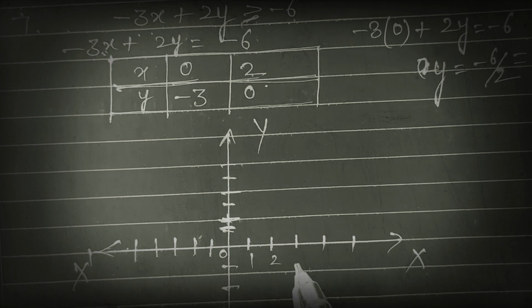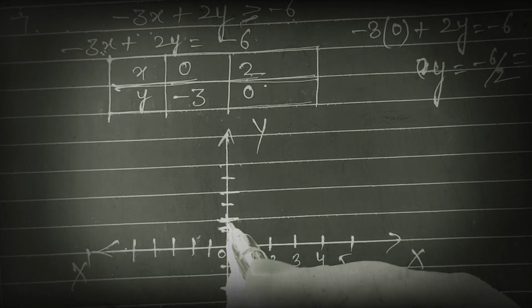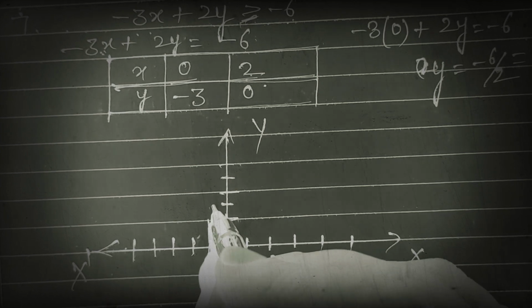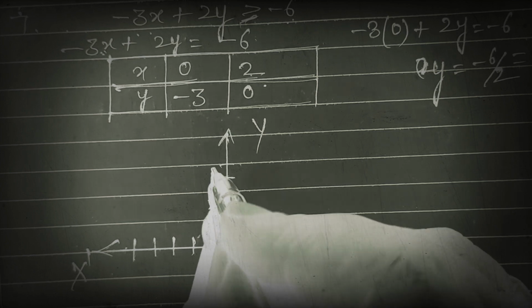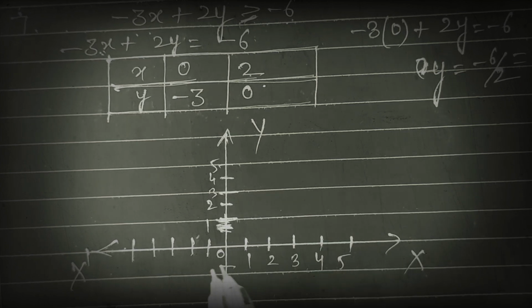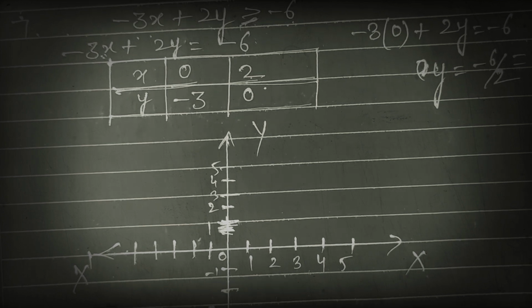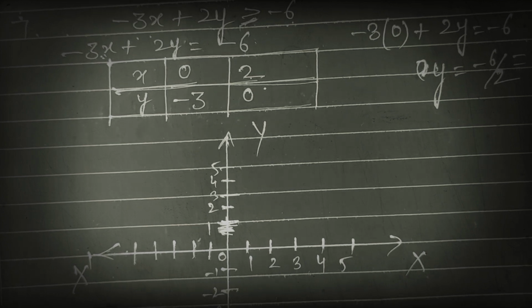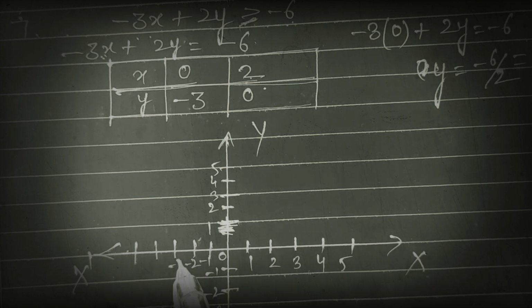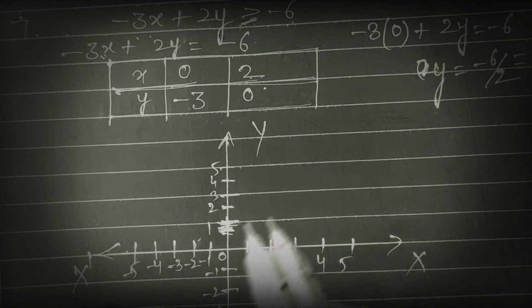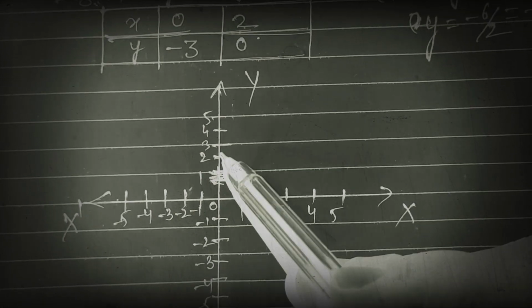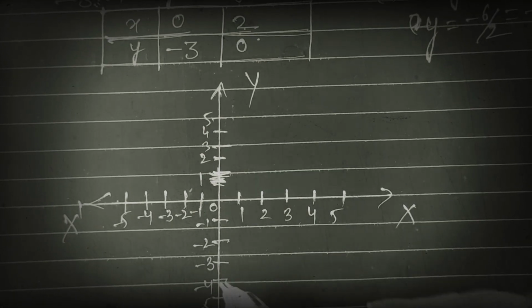Clear? 1, 2, 3, 4, 5. You can take points on this. Now here minus 1, minus 2, minus 3, minus 4, minus 5. The gap should be the same. Here there is a little difference, so you have to keep the gap the same.